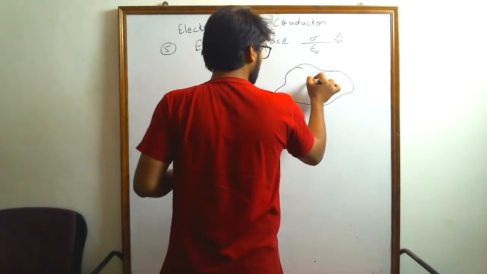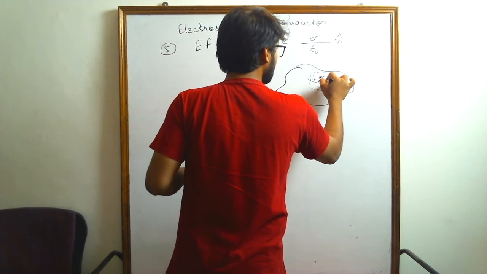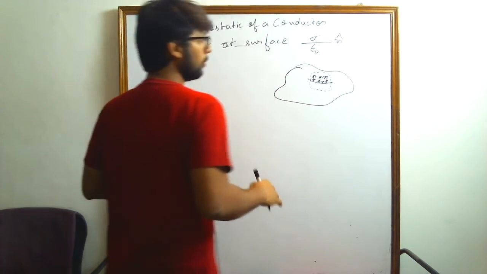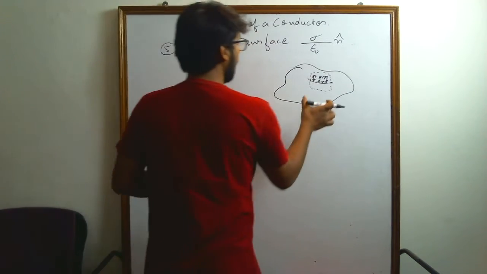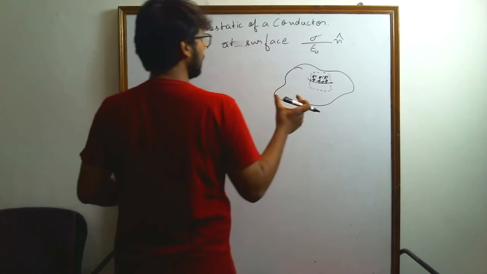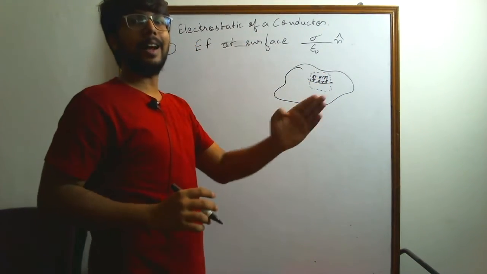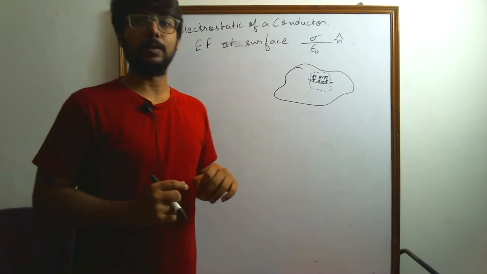Now if my charge is here and my electric field is perpendicular to the surface, I am obviously making the pillbox a very small area, and so I can assume that all the electric field in that area is in one direction, right?